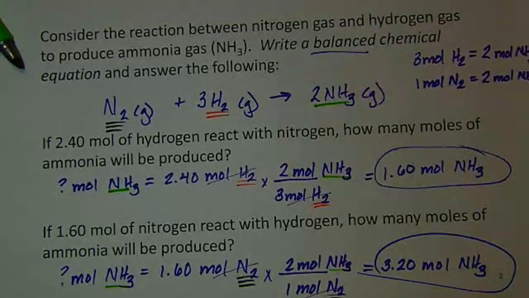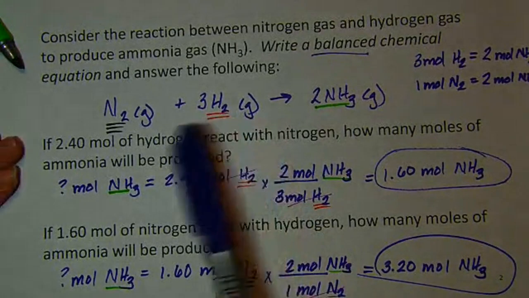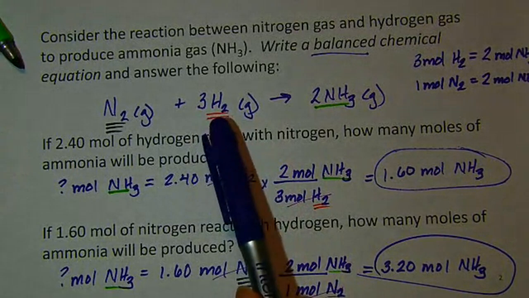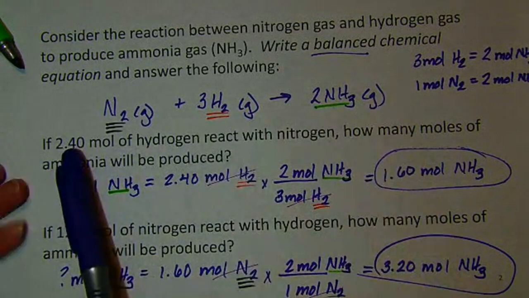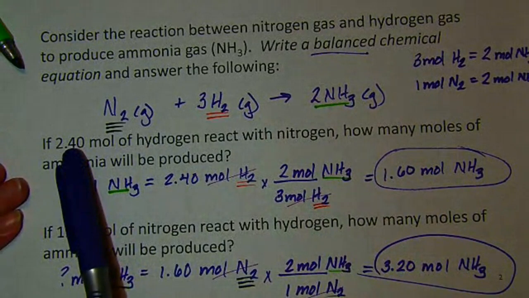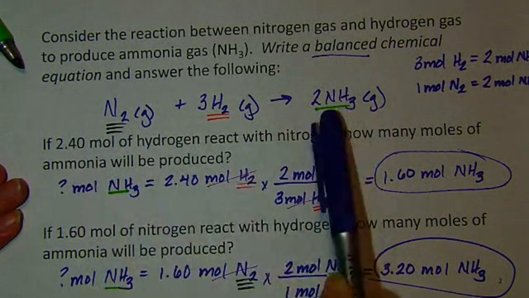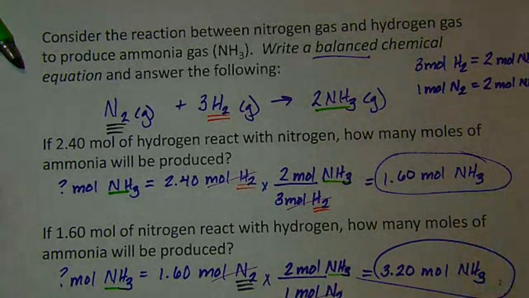The same is true for my hydrogen. My recipe is telling me that for every 3 moles of hydrogen that reacts, that's going to produce 2 moles of ammonia. I didn't quite have 3 moles of hydrogen here. I had a little bit less. So it would make sense that I would make a little bit less than 2 moles of ammonia, which is what we found. So always go back and check to make sure that your answers make sense with what your recipe is telling you.